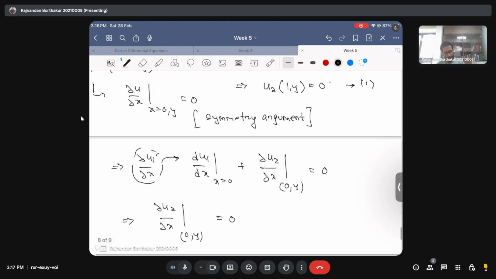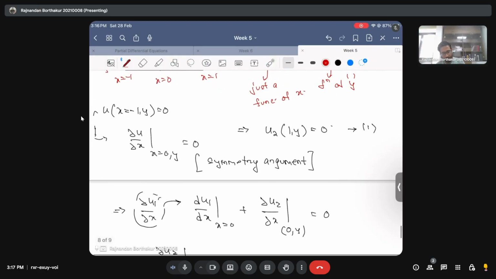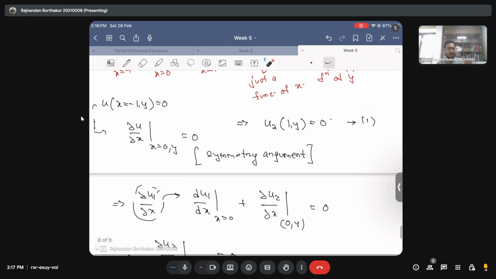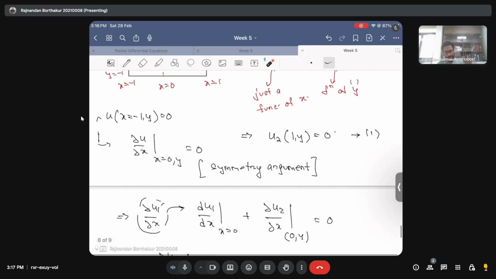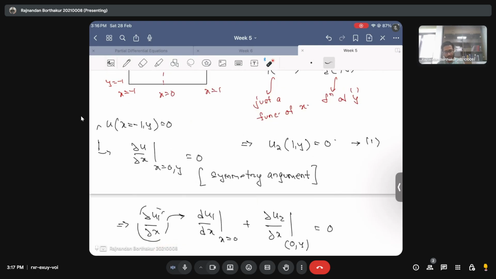Okay, this is the second boundary condition, which, again I repeat, is one way of writing this boundary condition by invoking the symmetry argument. You can say this is a reformed or rephrased version of the boundary condition of this scenario.